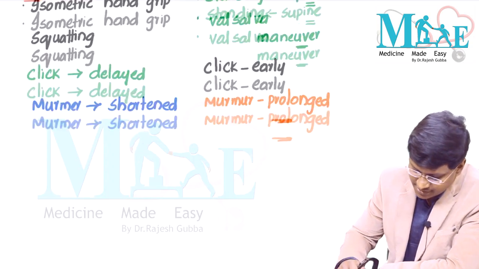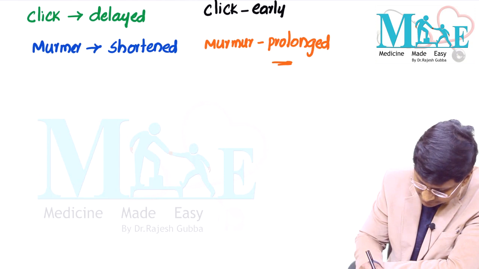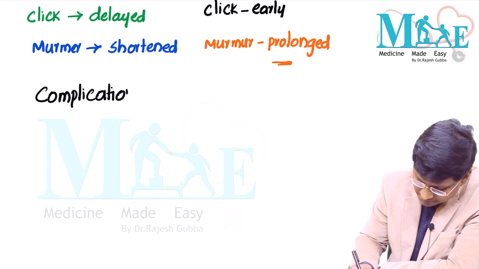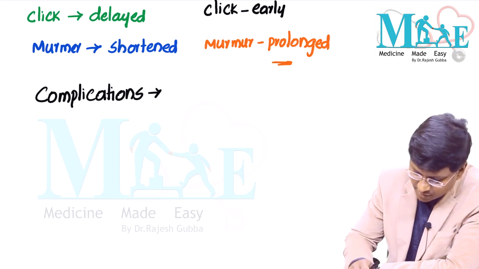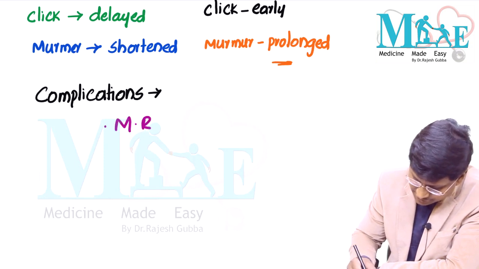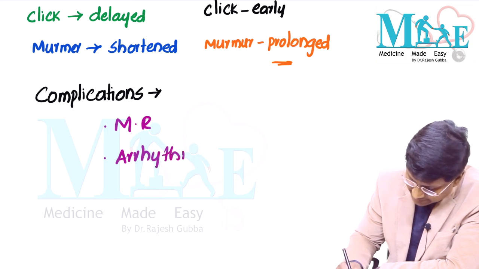Alright. Next. Now let me discuss the complications of mitral valve prolapse. The complications include, number 1, mitral regurgitation. Number 2, the ventricular premature beats can throw an arrhythmia.